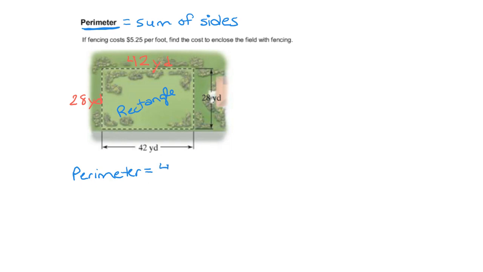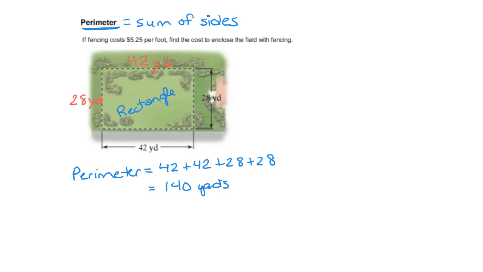So you can say 42 plus 42 plus 28 plus 28. And if you add all these sides together, you should get 140 yards. All right, so we need 140 yards worth of fencing.